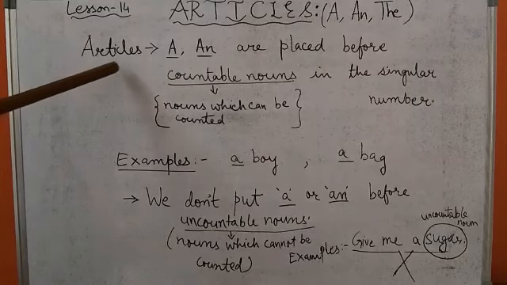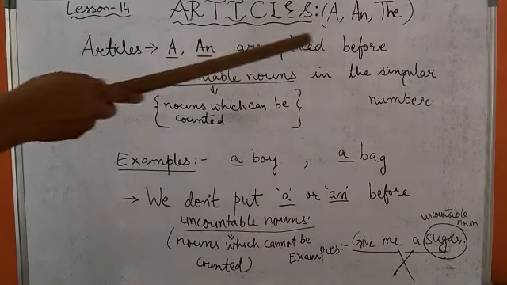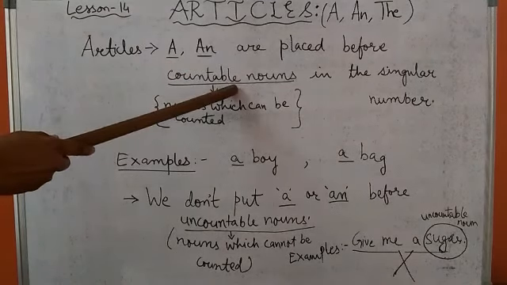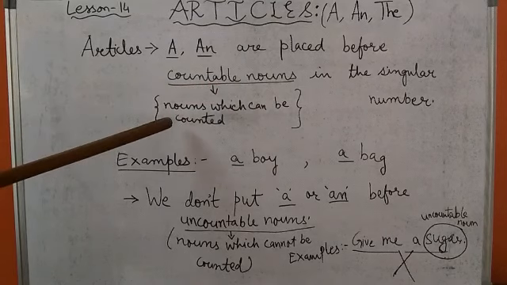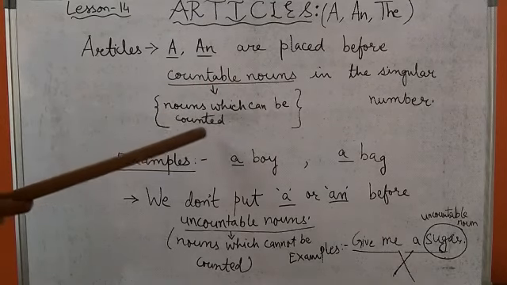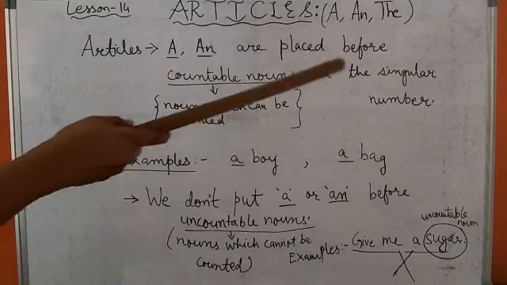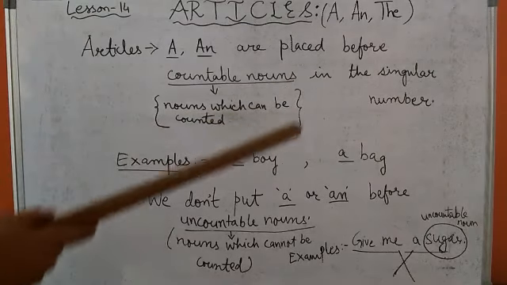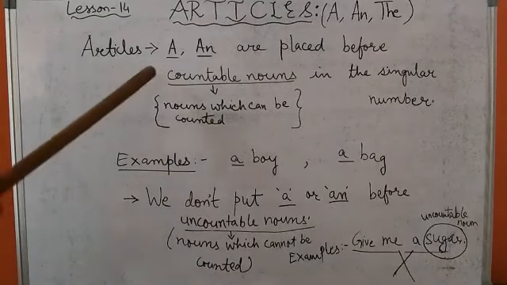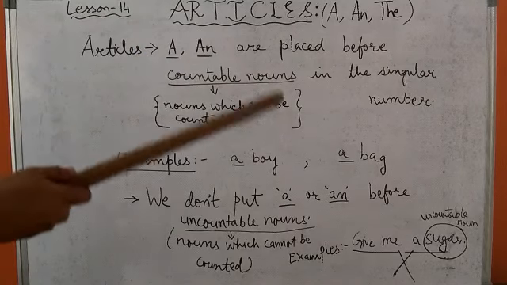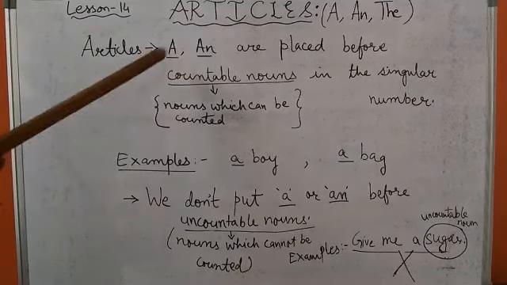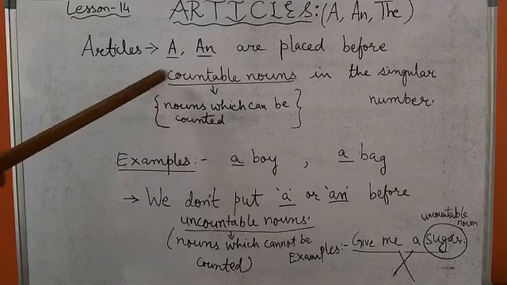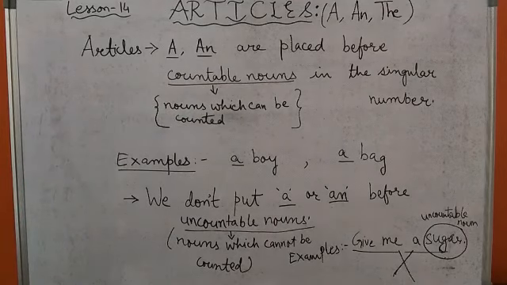Now here, articles a and an are placed before countable nouns. Students, countable nouns means nouns which can be counted in the singular number. Singular number means 1. So, a and an are placed, meaning we put a and an before countable nouns which are in singular number.